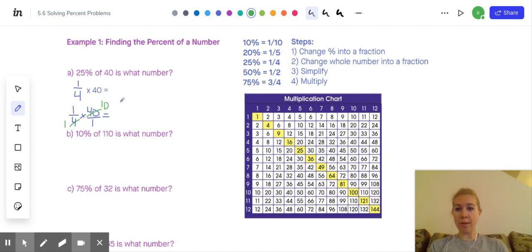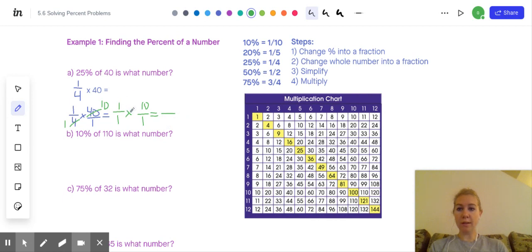Now let's rewrite before we multiply so we're nice and neat. So 1/4 is really 1 over 1, times 40 over 1 simplified to 10 over 1. Now step 4 says multiply. When we multiply fractions, we multiply straight across.